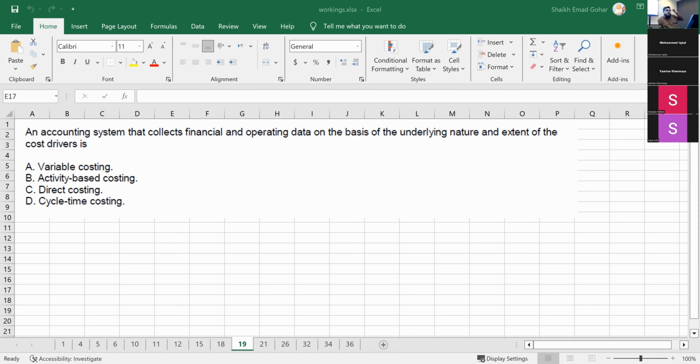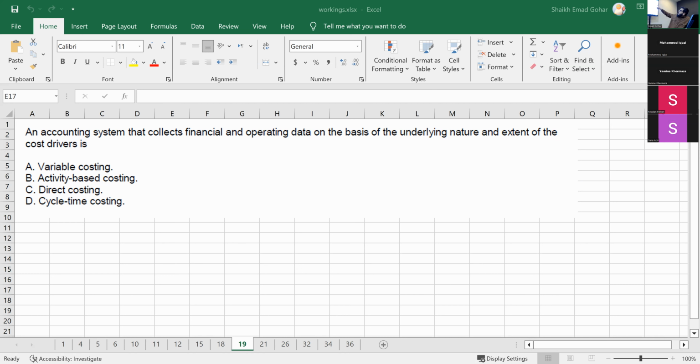You understand? So that's why we study a concept called activity-based costing. In activity-based costing, we break down the overhead: how much overhead pertaining to labor, how much overhead pertaining to quality, so that the allocation is accurate, more fair. Clear? So the answer here is B. What is the answer?